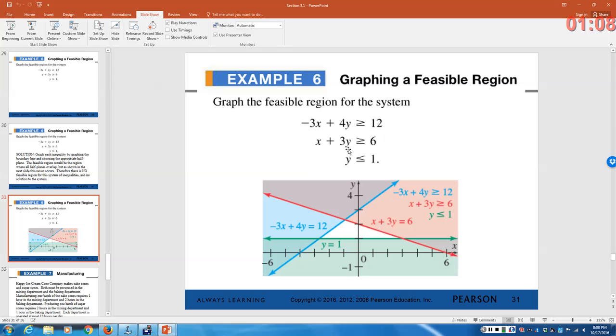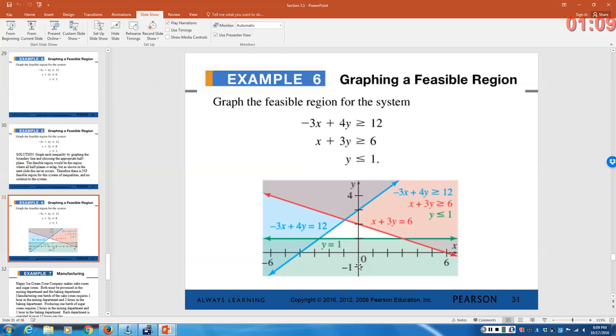If we stopped there, we would have an unbounded feasible region where it's gray. But it doesn't stop there. It says that there is also the restriction that y has to be equal to or less than 1, which means that it has to be below that green line. Well, none of the feasible region is below the green line.